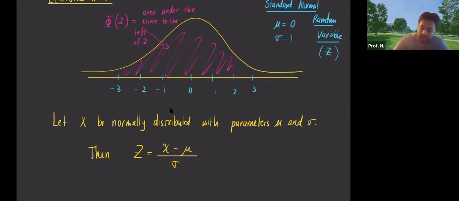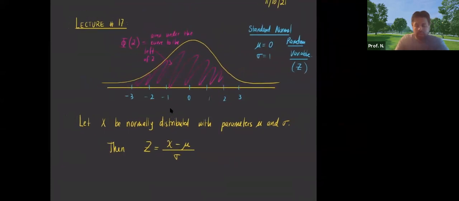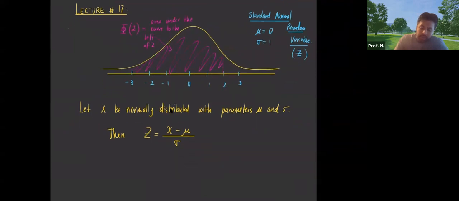And then we also discussed how to find the area to the right of a particular number, and the area in between, and so on. We used a calculator for that, and we also used the table. And then we ended by finding the way to, given the area, find what that x value or z value was associated with it. So all of these things we discussed last time about the standard normal random variable.